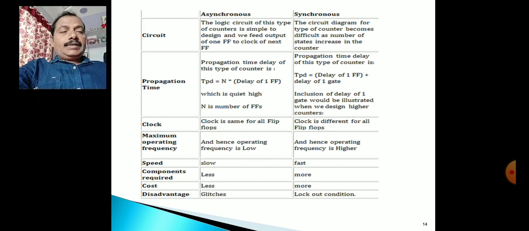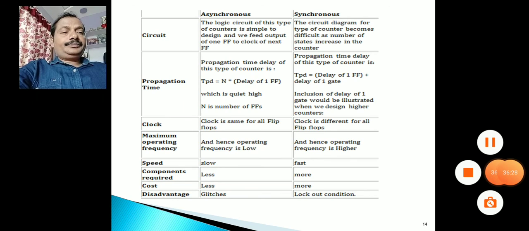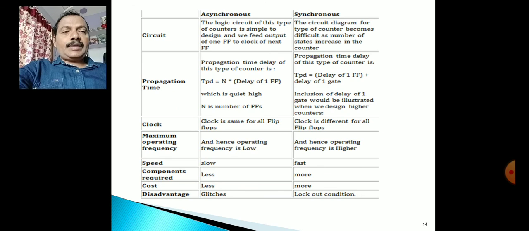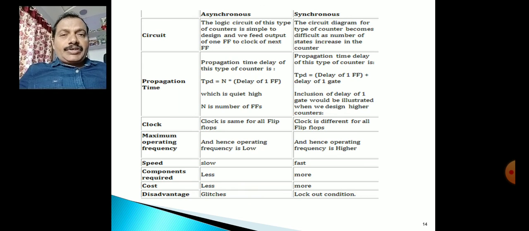Let us compare synchronous and asynchronous counters. For the asynchronous counter, the logic circuit is simple to design, and we feed the output of one flip-flop to the clock of the next flip-flop. For the synchronous counter, the circuit becomes difficult as the number of states increases, because a complex design procedure is needed to derive the input equations.